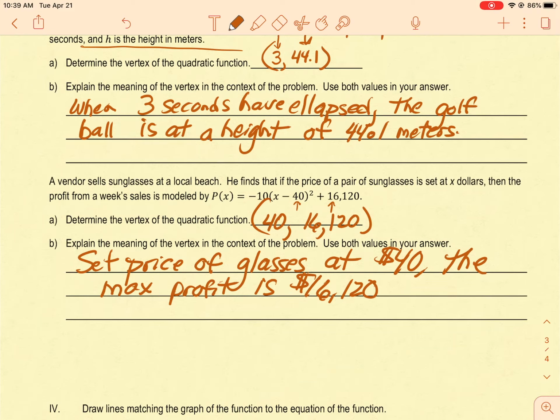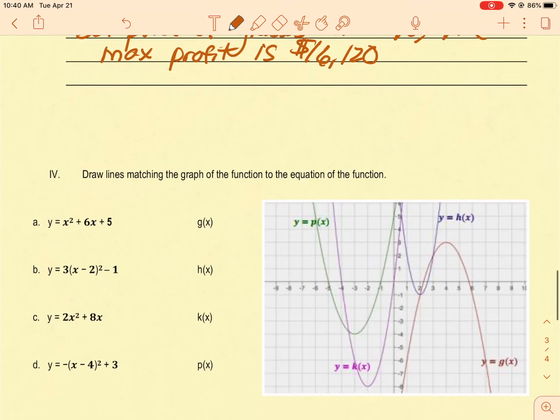That might seem a little confusing, but the idea is if you set the cost of sunglasses super cheap, you don't make as much money. If you make them more expensive, maybe you have fewer people likely to buy them. So you have to find that middle in order to maximize it. And according to this model, this function, $40 is the right price to set for sunglasses.